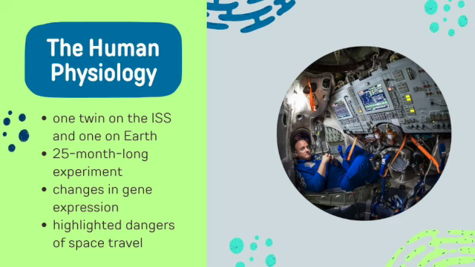So, obviously we can't totally conclude, but it seems like there are not a lot of severe, long-lasting dangers when it comes to space travel, at least on a genetic level.